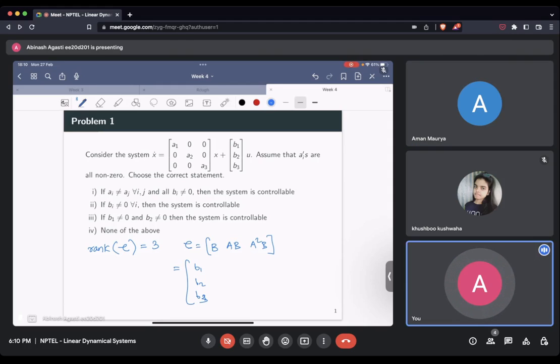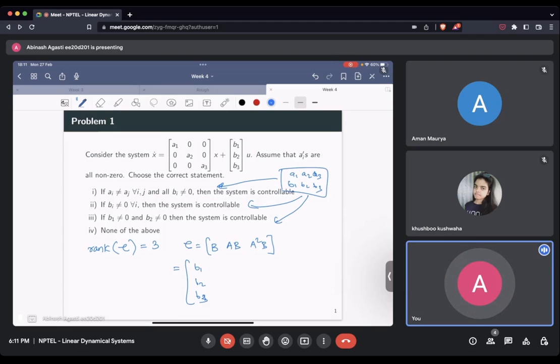Okay. But we are looking at a more general condition, because let's say you take a particular value of a1, a2, a3 and b1, b2, b3, and then let's say that particular value satisfies one of these conditions. So let's first take the case.